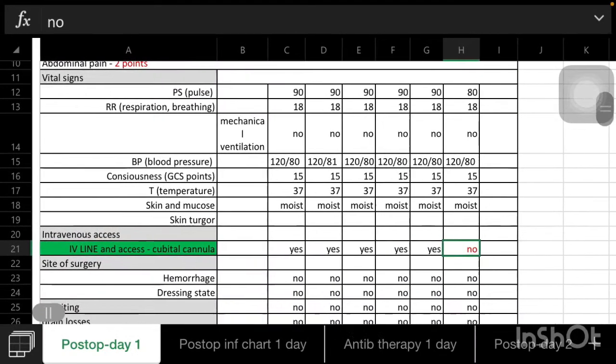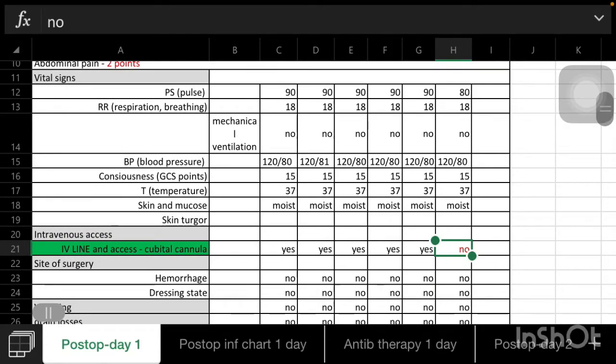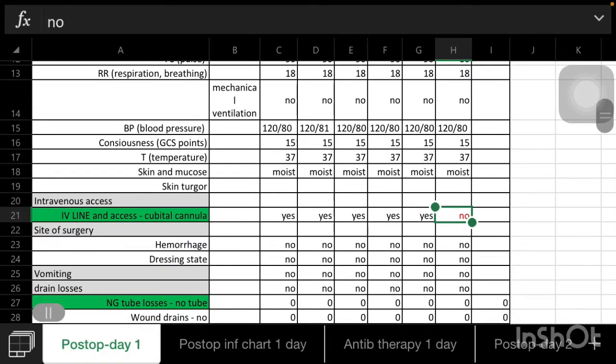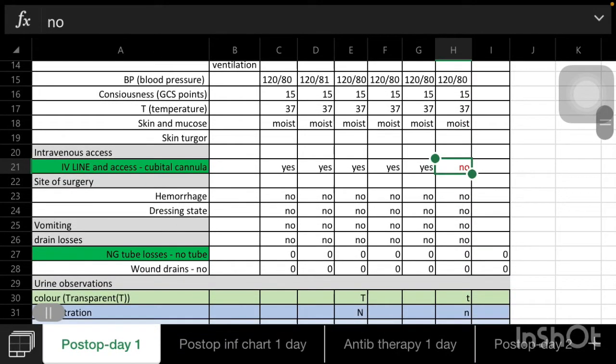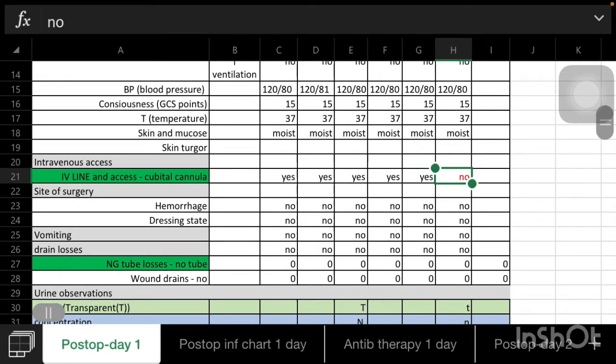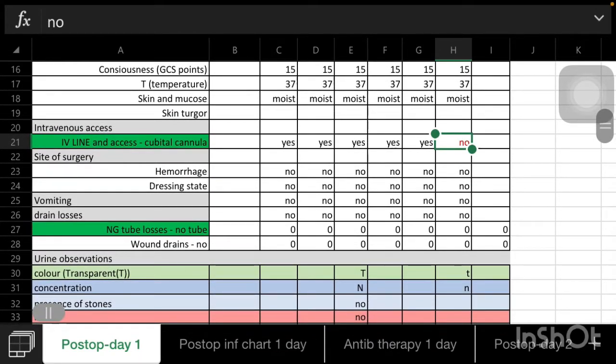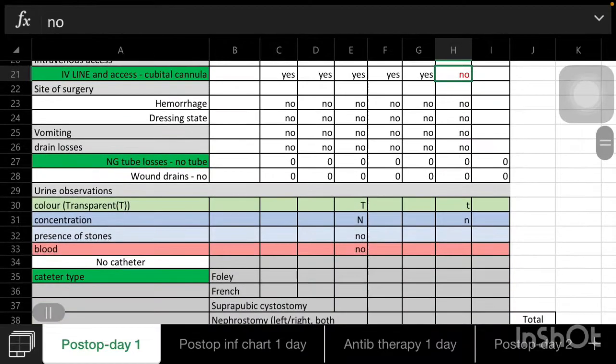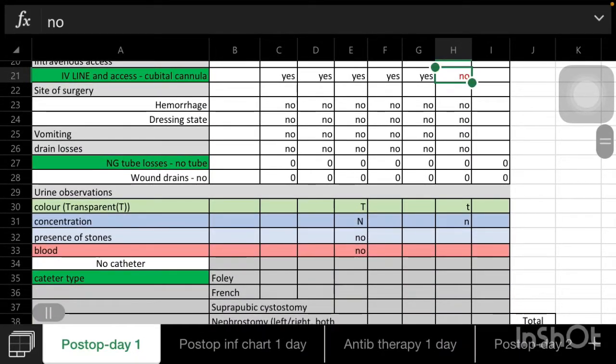Vital signs are normal, like pulse, respiration, blood pressure. Consciousness is 15 overall. Temperature is 37, which is normal, and the skin is moist. IV line is given, but later it's not given as the patient is discharged. We do not see any hemorrhage at the dressing site, and there's no vomiting or drain losses. No NG tube is given, and no wound is drained.